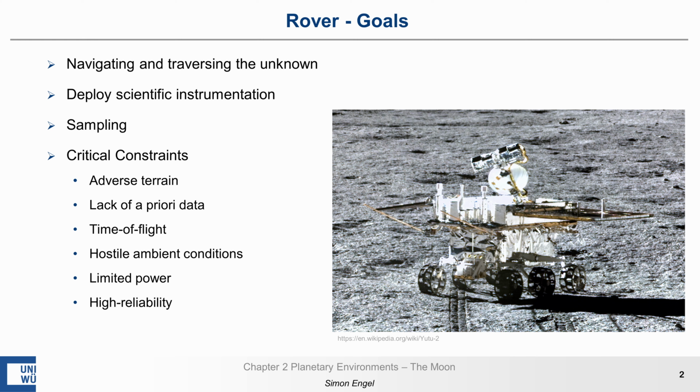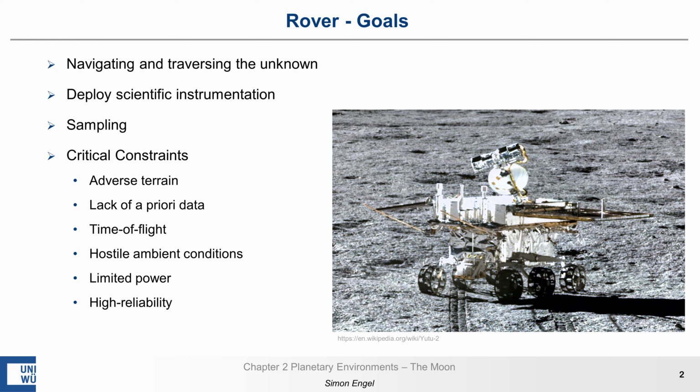For the Moon, for example, the round trip time is around 3 seconds, which makes teleoperation just possible. But if you take another celestial body like Mars, for example, we have times of flight of at least 13 minutes, which means autonomy is a must for every other celestial body that we might want to explore.